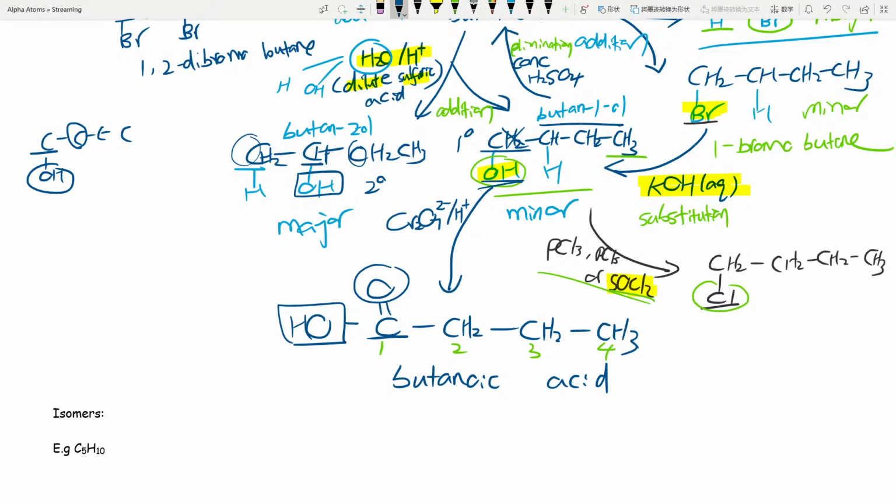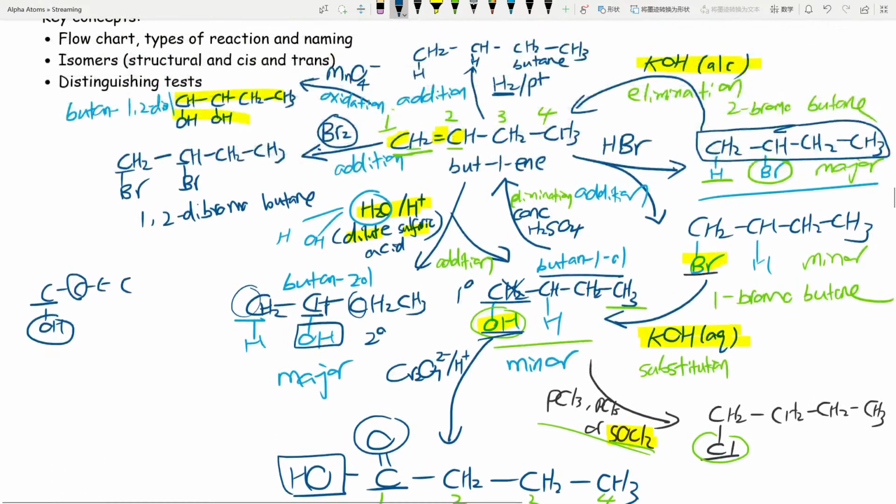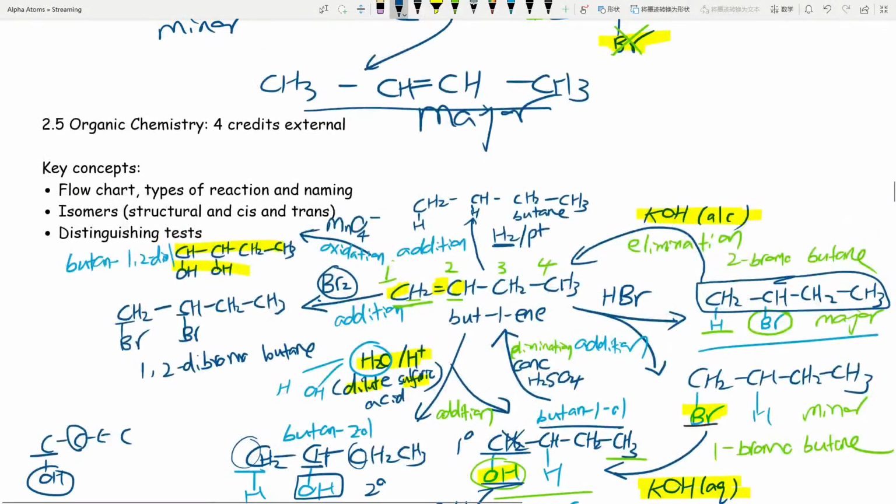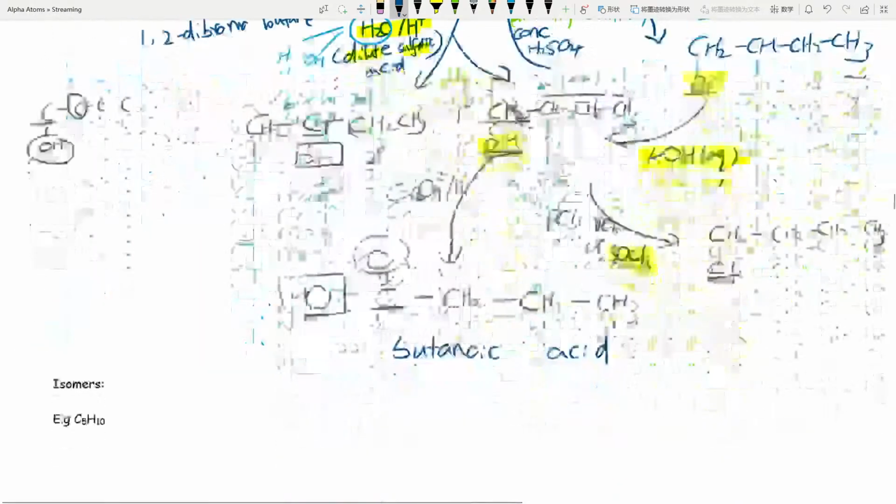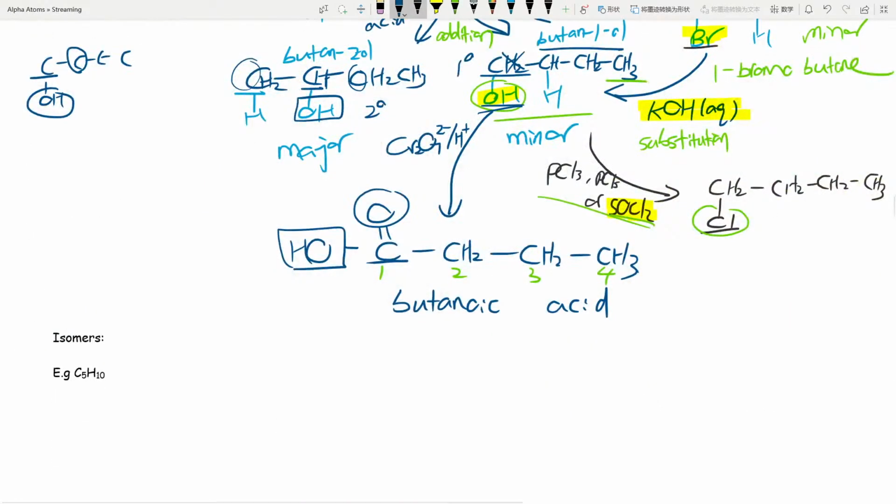Now, just one last thing, something that I didn't do, which is amine. Can I do amine here? Yes, I can do it down here. Since I used that color, let's use this color again. You can put ammonia in the alcohol condition, and what that does is substitute the Cl with an NH2 group.